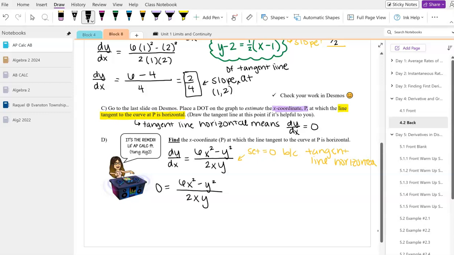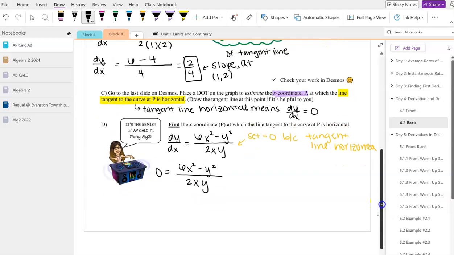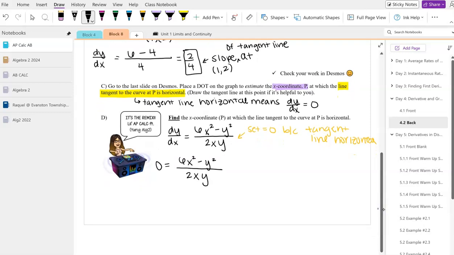What we're going to try to do is isolate either y squared or x squared and play around with this equation. I'm going to start off by getting this 2xy out of the denominator, so I'm going to multiply both sides by 2xy. Now when I multiply anything by 0, I still end up with 0. So I have 0 equals 6x squared minus y squared.